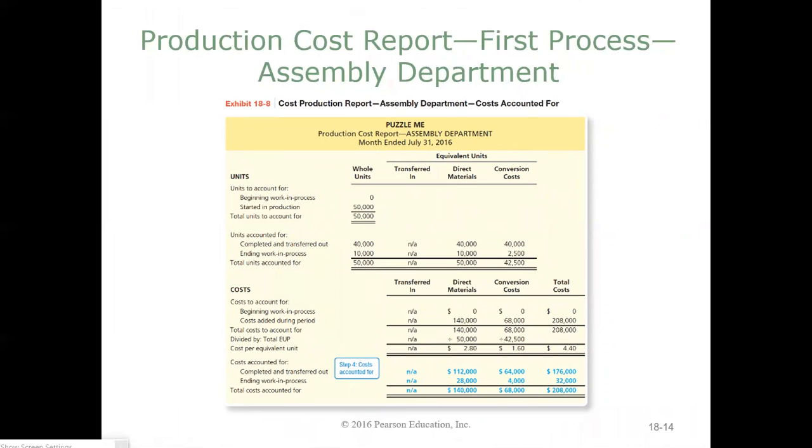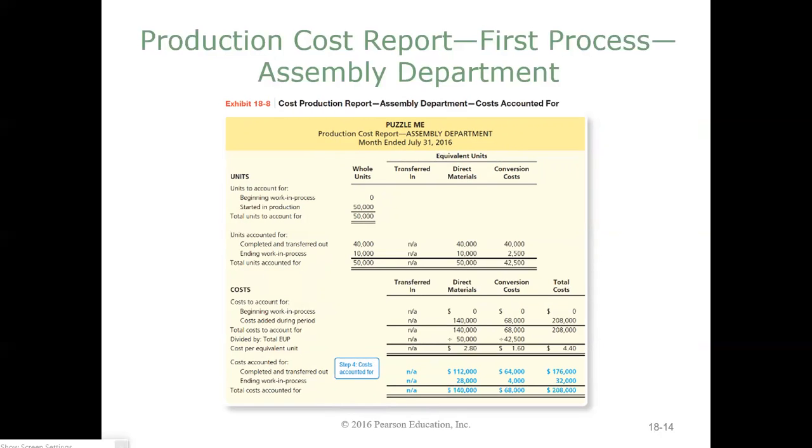And here what we're doing is saying, we have our units accounted for. So with respect to direct materials, we have 40,000 completed and transferred out.